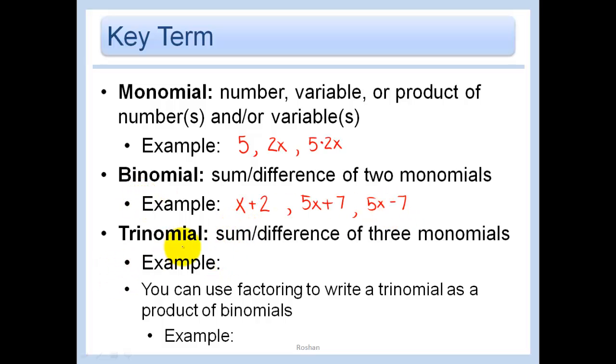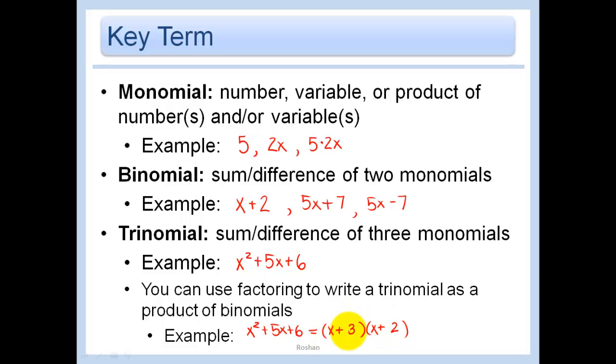A trinomial is the sum or difference of three monomial terms. So something like x squared plus 5x plus 6 would be a trinomial. You can use factoring to rewrite a trinomial as a product of binomials. So in this case right here, x squared plus 5x plus 6, we could factor it into x and x, maybe 3 and 2, plus and plus.